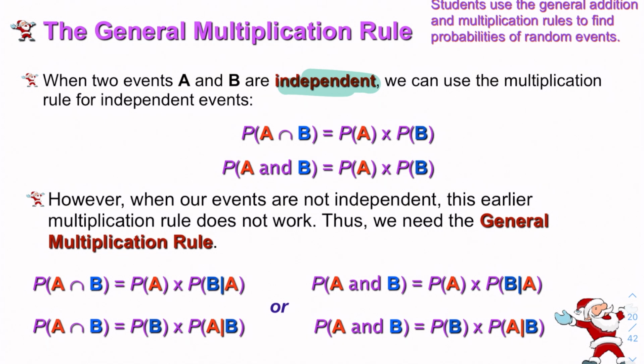However, when our events are not independent, or one is influenced by the other, oftentimes we use this word called replacement. This earlier multiplication rule does not work, and we need a general multiplication rule, just like we had a general addition rule.